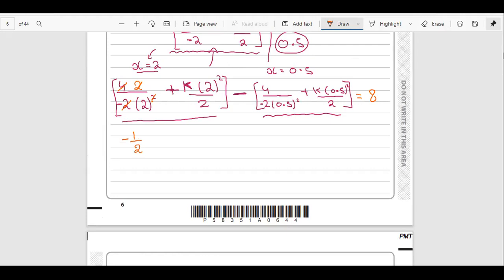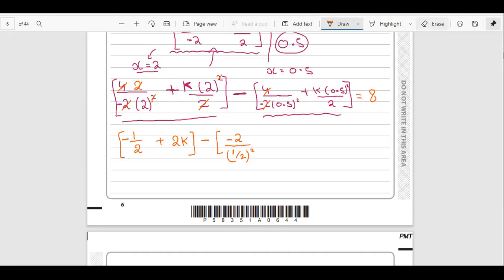Then plus 2k. Then we have a minus sign, and I can cancel this 2 and this 4, so I will have minus 2 in the numerator, and again this 0.5 squared, which is 1 by 2 squared.